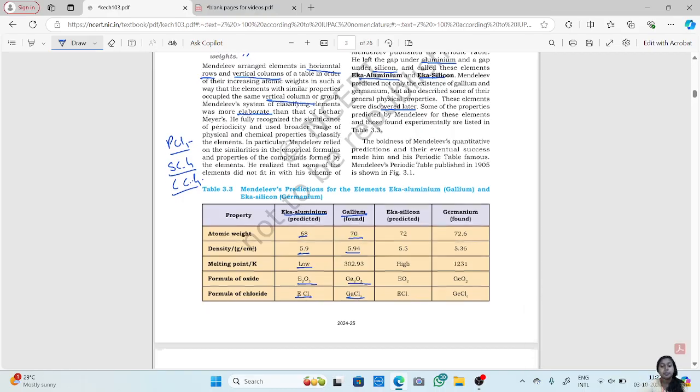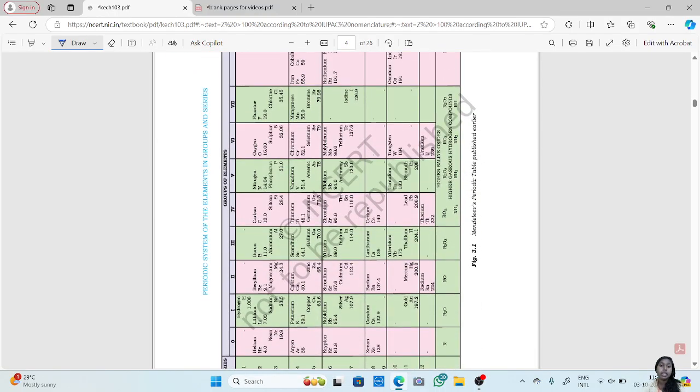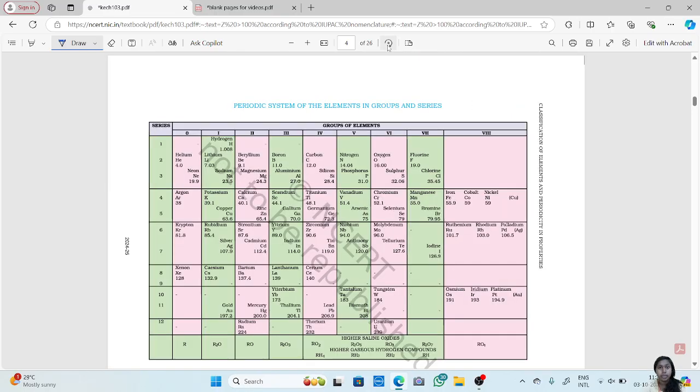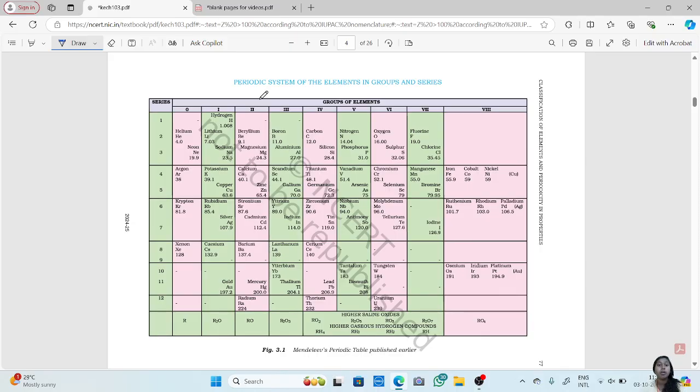Now here they have given the periodic table of Mendeleev. This is the periodic system of elements in groups and series. So this is the series and these are the groups of elements.